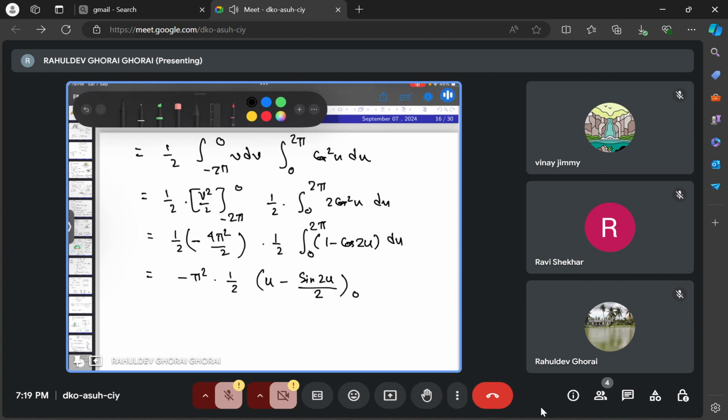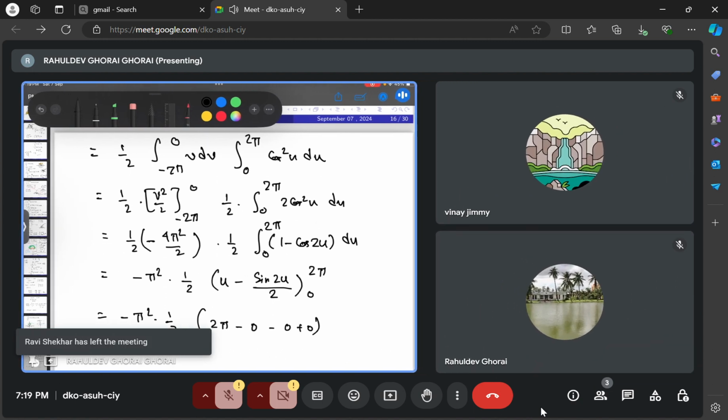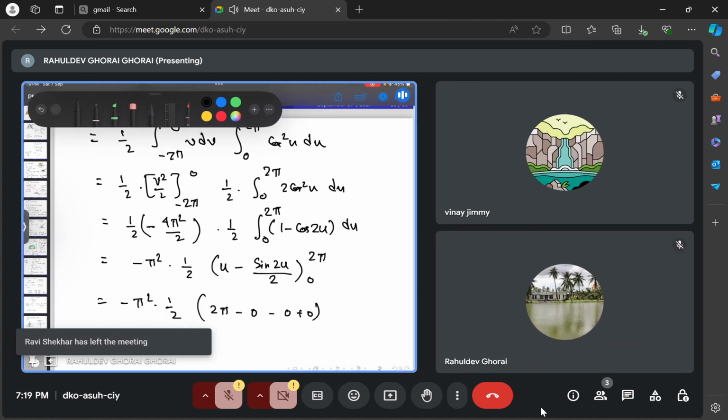That will be 0 to 2 pi, and then minus pi square times half, 2 pi minus sine 4 pi will be 0, minus 0 plus 0. Okay, because sine 0 will be 0, so that becomes minus pi square times half times 2 pi, which will be minus pi cube.